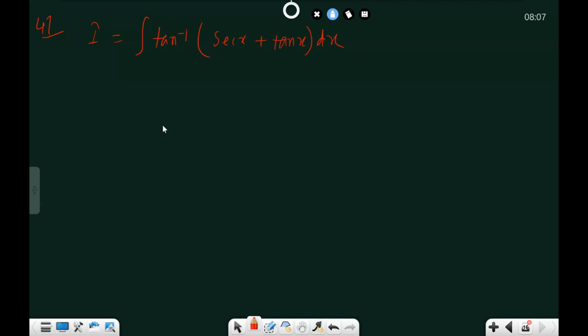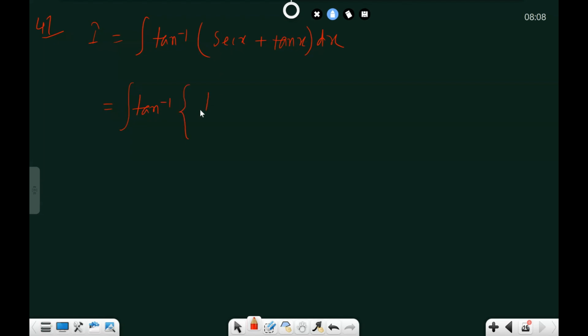This is your problem. Again the concept is the same. Since this function is tan inverse, I have to try to find this expression as a tan function, so that tan inverse and tan can remove each other, and that can be done in some simple way.